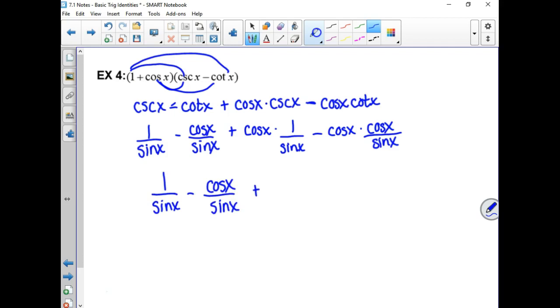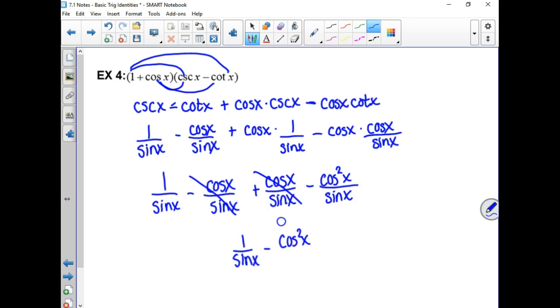Right here, this is going to be plus cosine x over sine x. And then I'll have minus cosine squared x over sine x. Now we should see here I've got a positive cosine x over sine x and a negative cosine x over sine x, so these two terms will cancel out, giving me 1 over sine x minus cosine squared x over sine x.